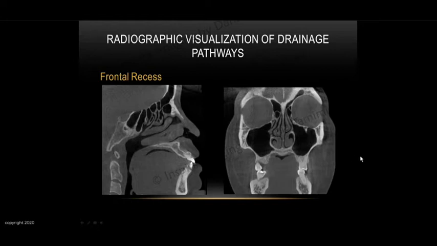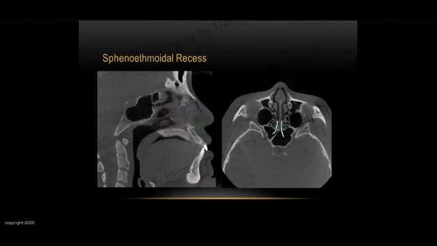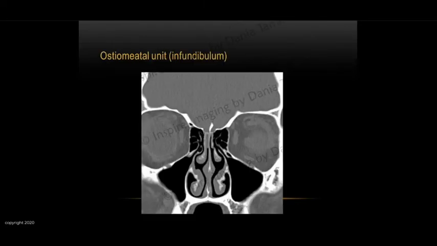We also need to be looking at our drainage pathways to make sure that there's no sinonasal pathology, inflammatory sinonasal pathology. So we look, of course, and I don't need to teach you guys how to do this, at the frontal recess, the sphenoethmoidal recesses, and of course we look for pathology within the sinuses as well, and of course the ostiomeatal unit, the infundibulum, and the patency of all these.